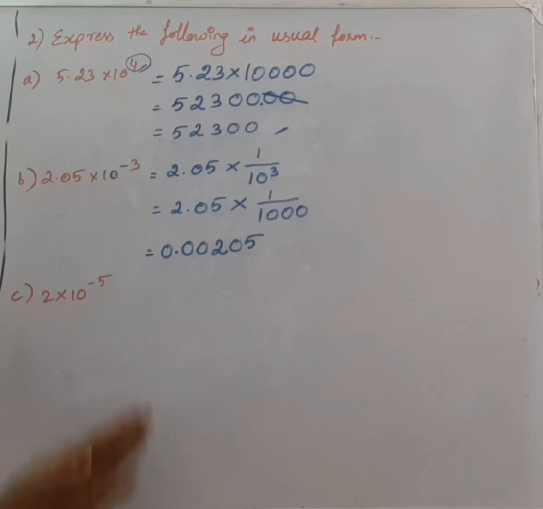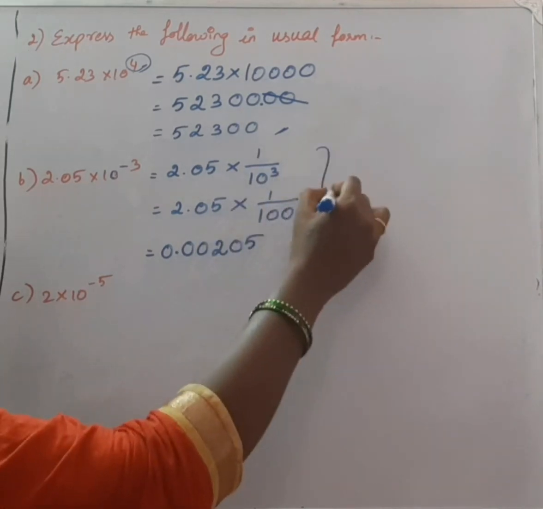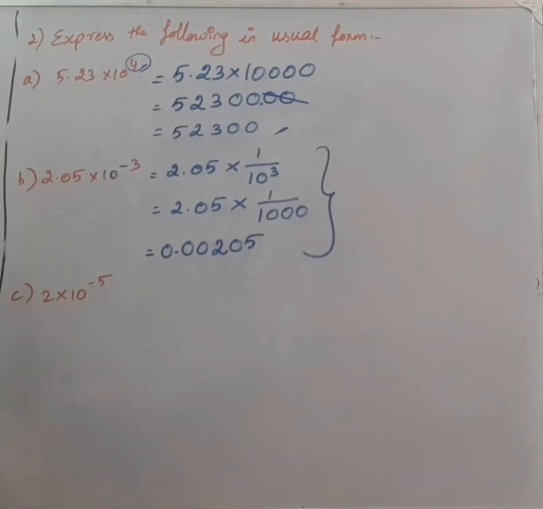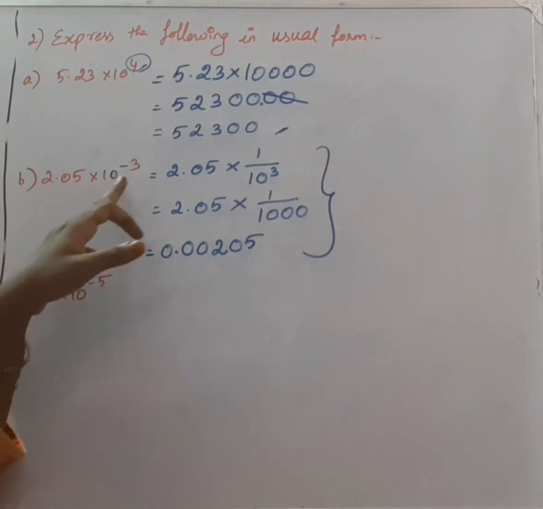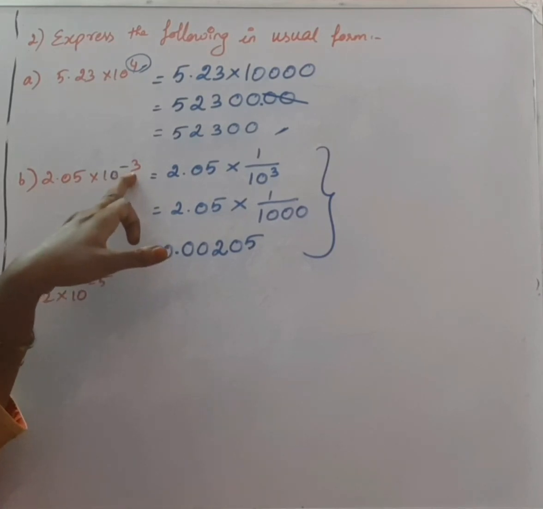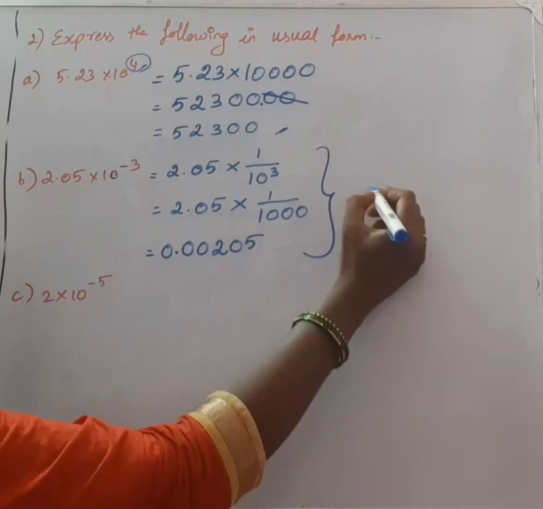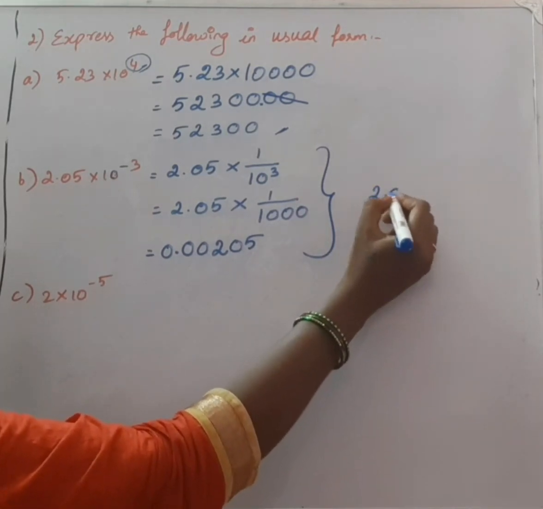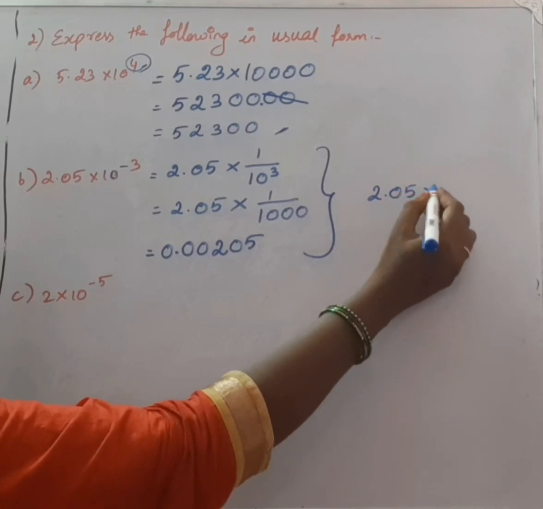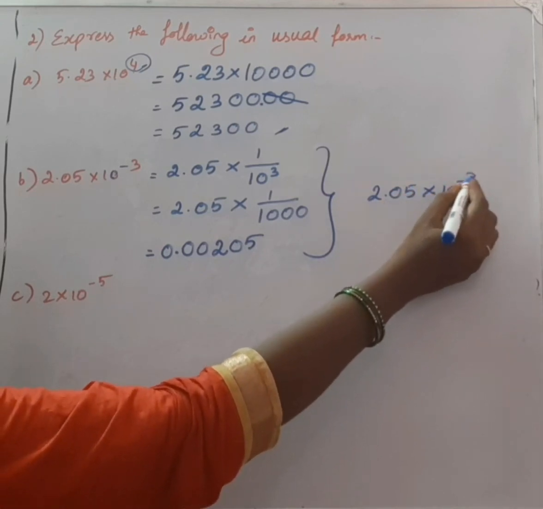Okay, there is one more method. What does that mean? If we have -3, we want to add 3 zeros in front of it. So 2.05 into 10 power -3.